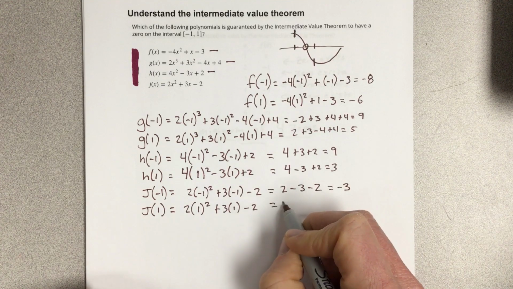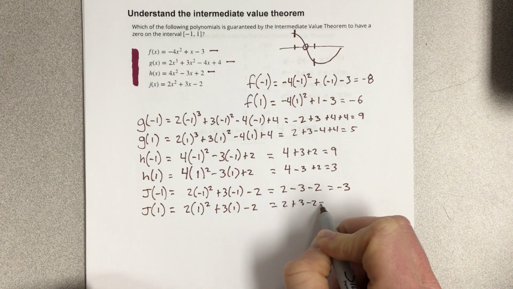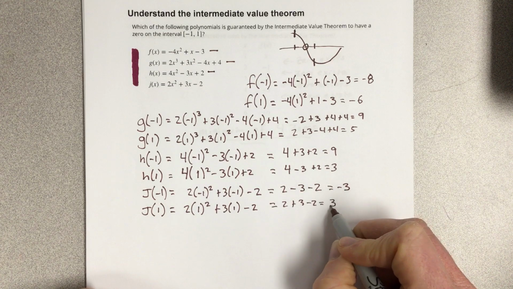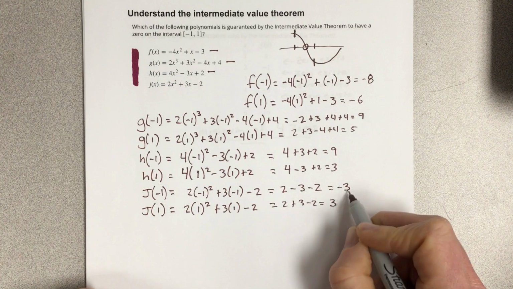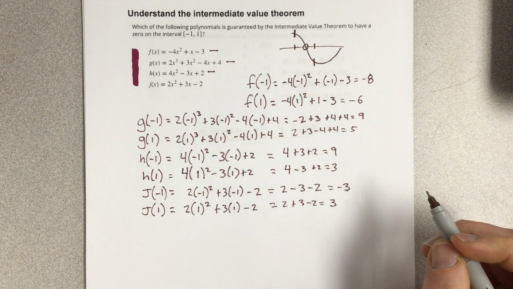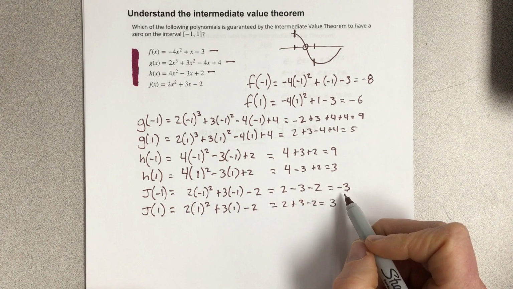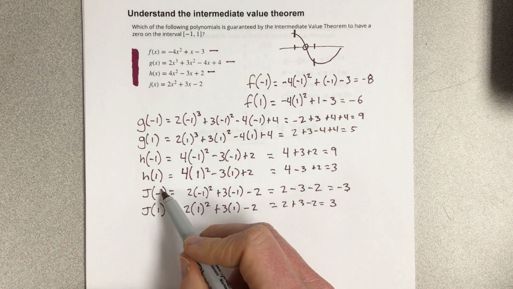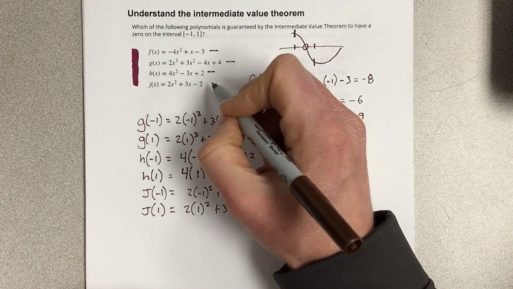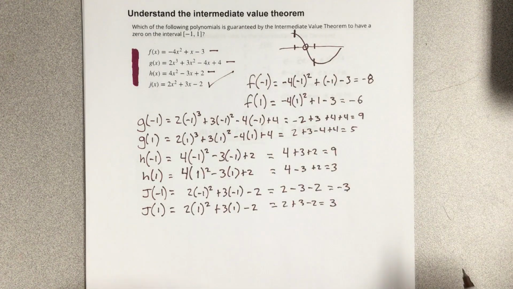This is 2 plus 3 minus 2, which is 3. Notice the sign change. For that continuous function, that means that there is a 0 that exists between the x values of -1 and 1 for this function. So this would be the polynomial that guarantees a 0 between that interval.